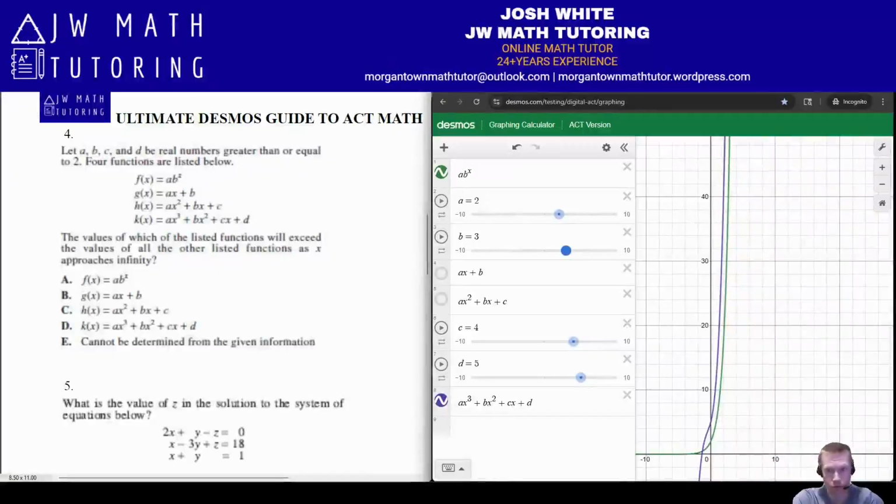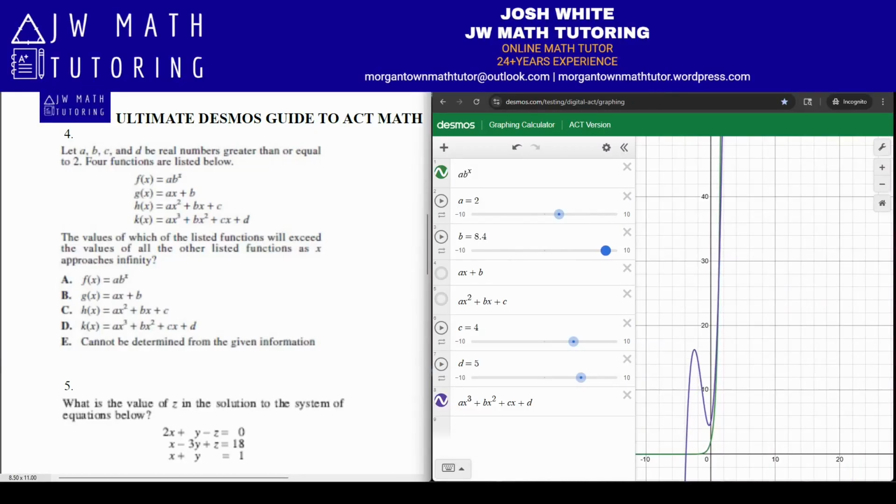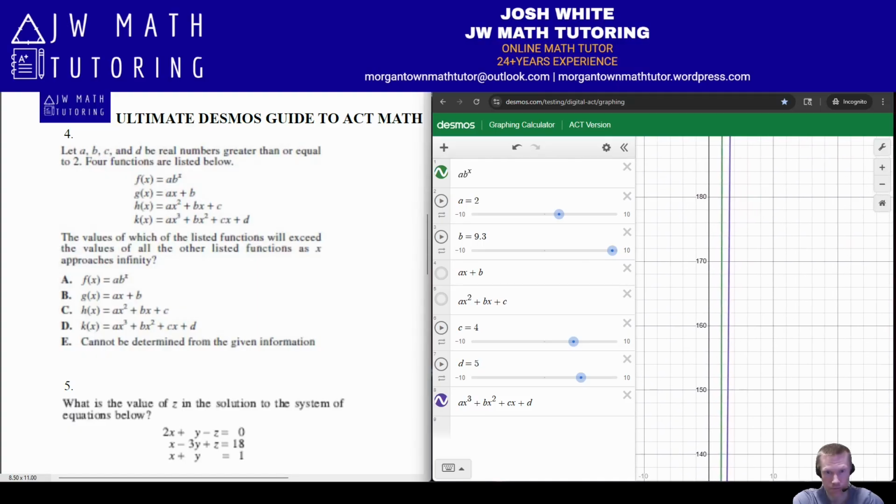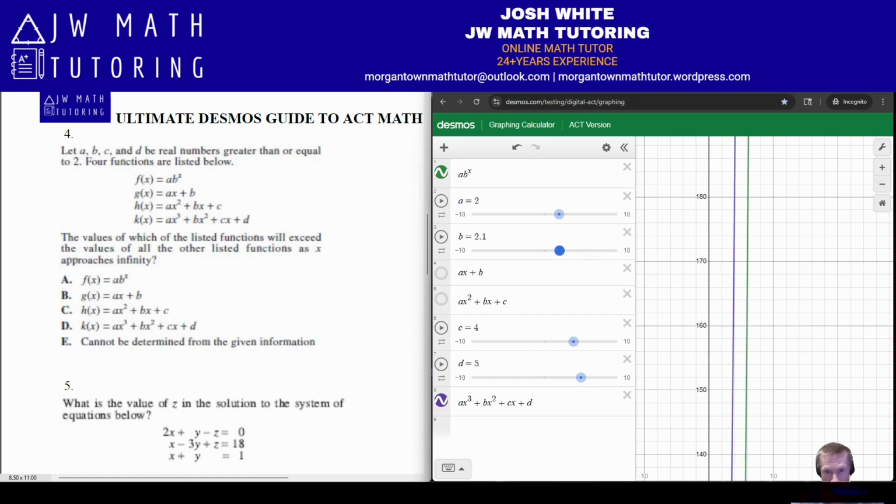However, if you fool with the values, notice as I increase the value of b here, the green one overtakes the purple one. Again, if I slide this back over here, notice the purple is to the left of the green, meaning the purple has the higher value. It goes to infinity quicker.